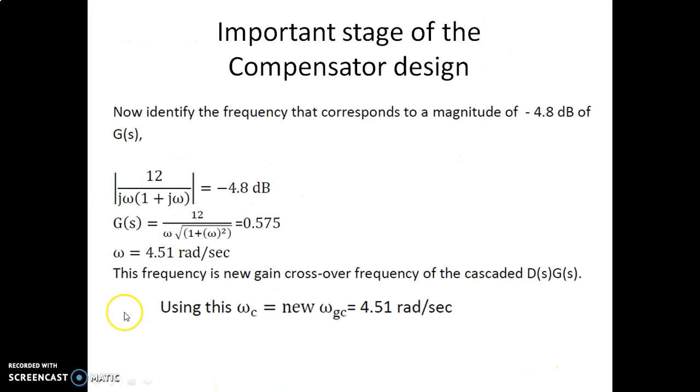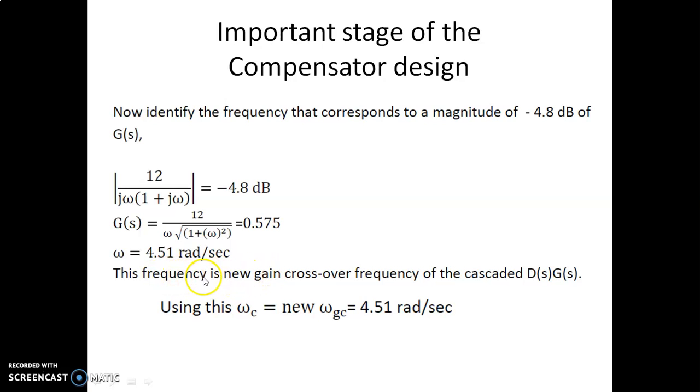We have the G(s) magnitude equation, 12 by omega into under root of 1 plus omega square. You are looking at minus 4.8 dB, which in ratio comes out to be 0.575. So you find out at what value of omega you will get this as 0.575. At this frequency we have a magnitude of minus 4.8 dB by this G(s). Now this G(s) is cascaded by D(s), so at minus 4.8 plus 4.8 at this particular frequency, we will have a zero crossover frequency.